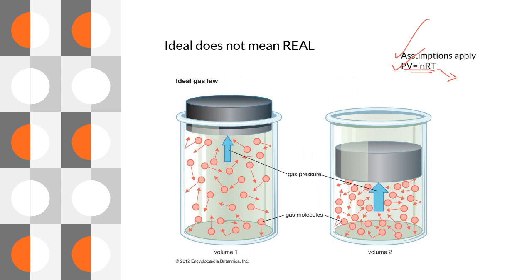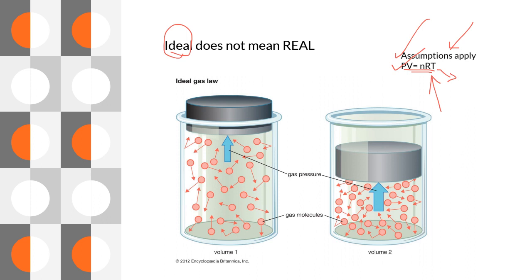So there are two justifications for what an ideal gas is. The theoretical, that's the whole assumptions and imagining gases as tiny little particles, and the practical, the empirical, which is what we do in the lab. These two describe ideal gases.